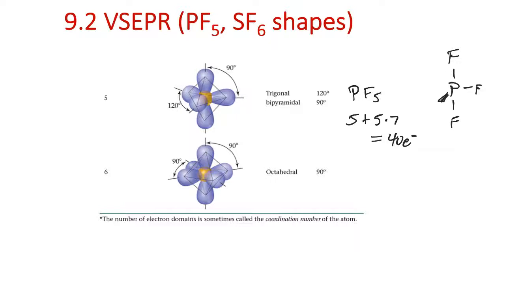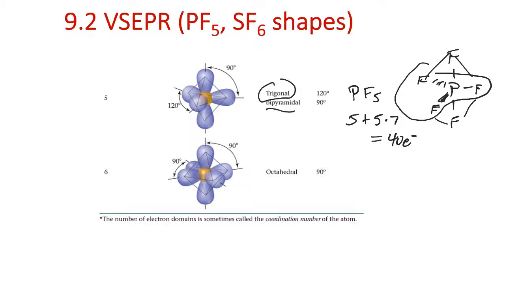And then the fluorines here are going to adopt the shape that we call a trigonal. So you get this trigonal shape here, and then pyramidal. So you make a pyramid with the 2 other fluorines pointing up and down. So you get this trigonal bipyramid shape. So we call this trigonal bipyramidal.